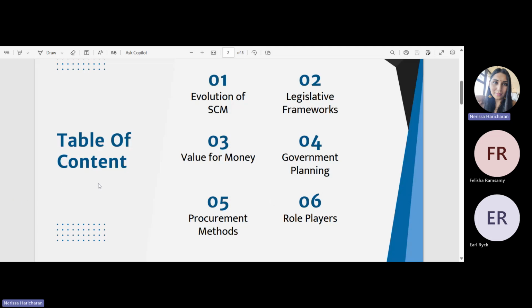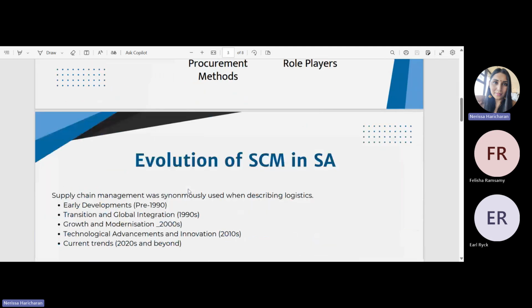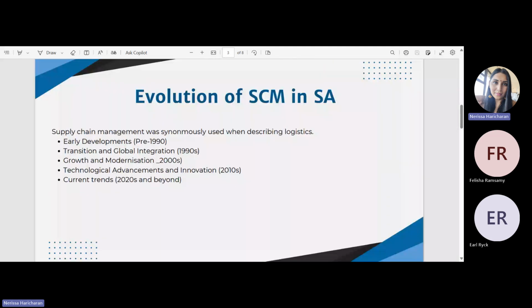If we start with the evolution of supply chain, we're talking about how supply chain started within a South African context, and where it is from a current or emerging trend perspective. The first one that we're going to look at is a very early development, let's call it pre-90, where things were quite decentralized from a government and procurement perspective.